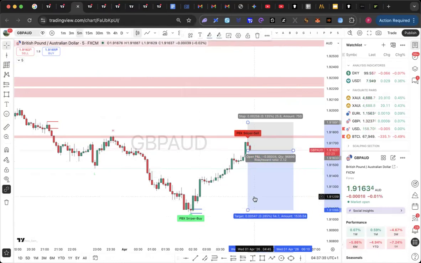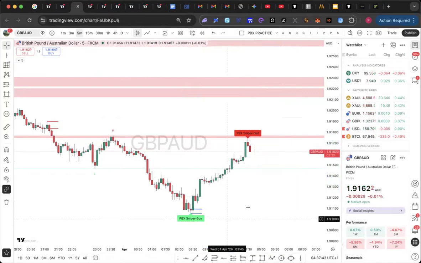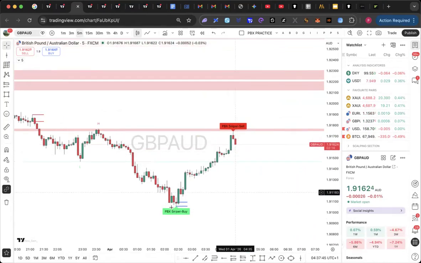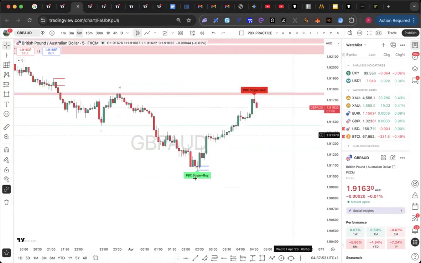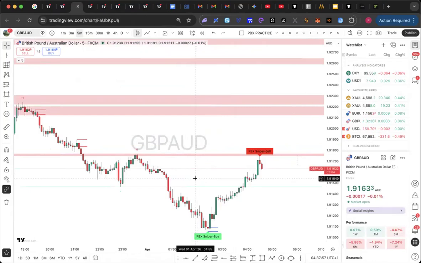So even if I don't use a big lot size, there's another thing I'll be looking for. Let's see how this market comes to create a support, because right now, overall, the market is bullish. Overall, the market is bearish, sorry.